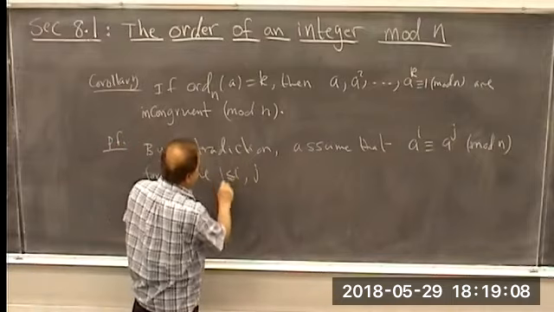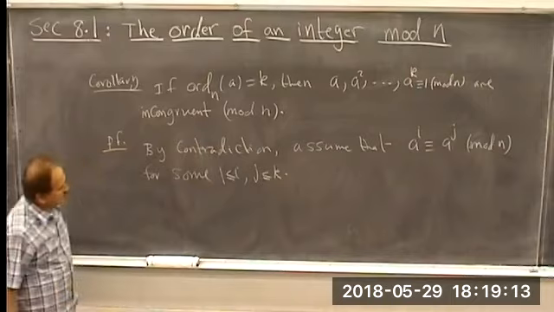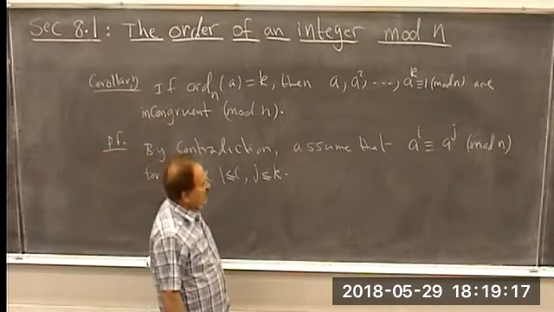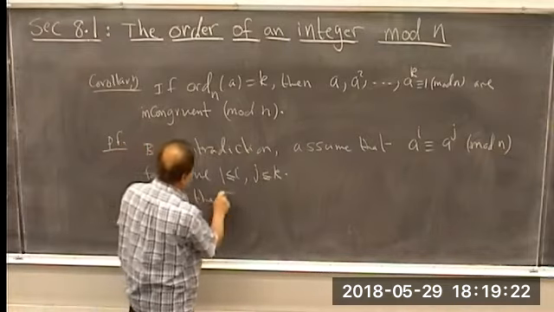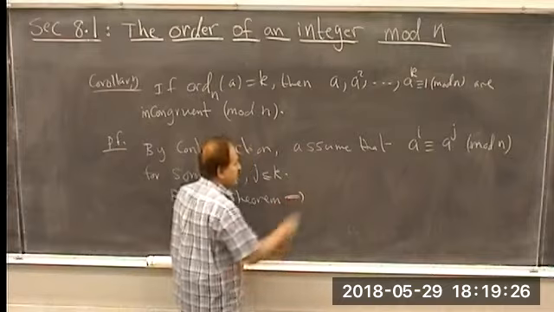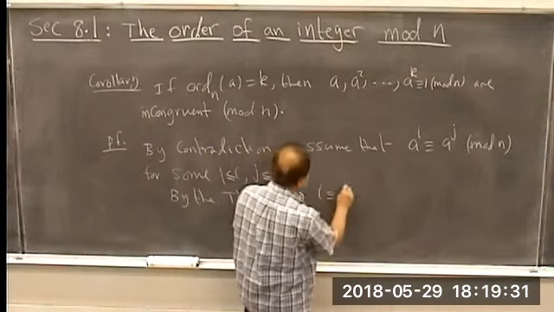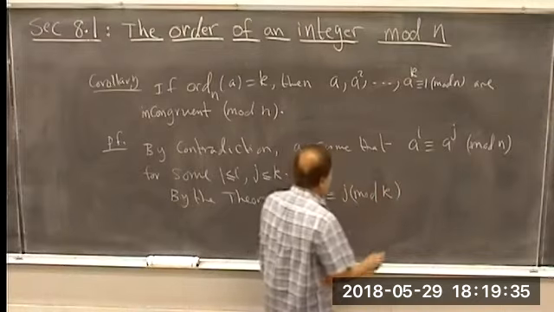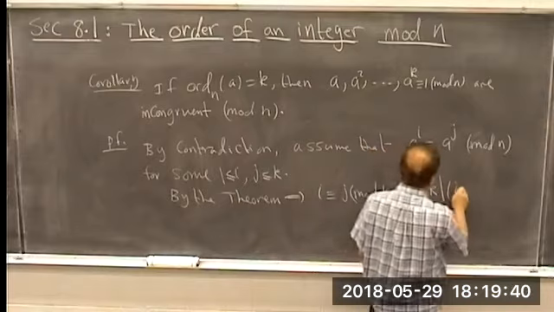This time is between 1 and k. It's not arbitrary. So this must be up to k. All right. Then by the theorem, this implies, because these are congruent mod n, that i is congruent to j mod k. And this implies that k divides i minus j.